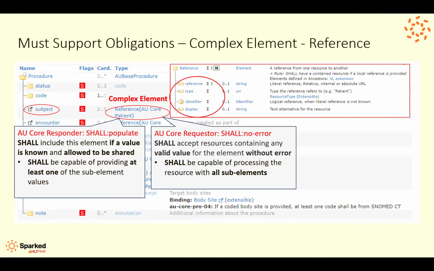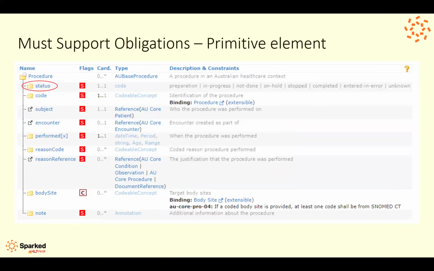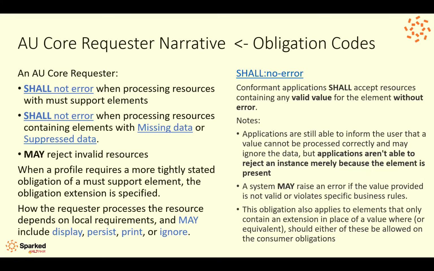Ruben? Yeah, look, I've probably missed something in the previous meetings which I hadn't attended. But if we could just go back a slide or two, Heath, where you actually talk about obligation extensions. Yeah, here we go.